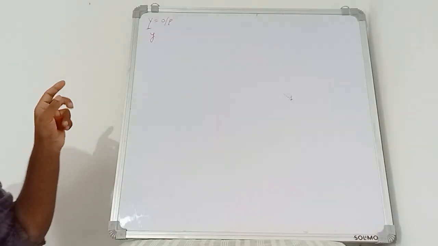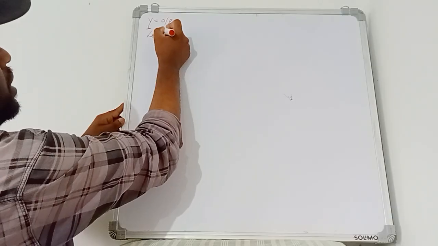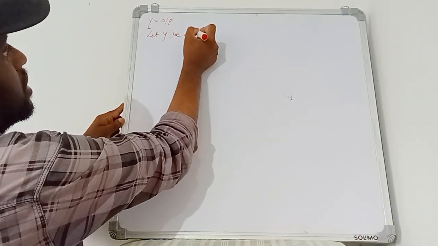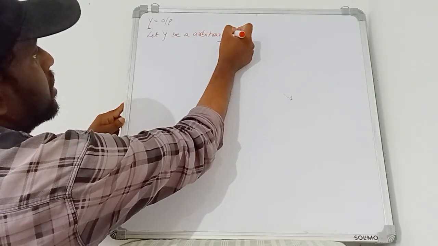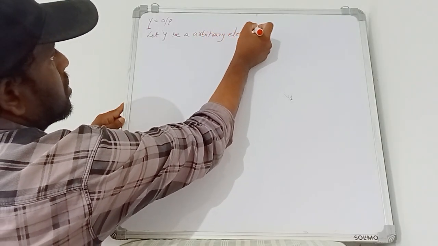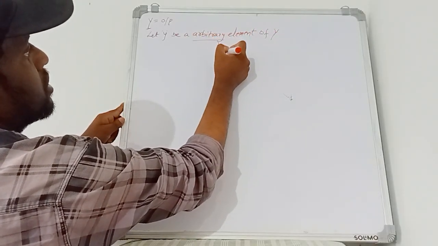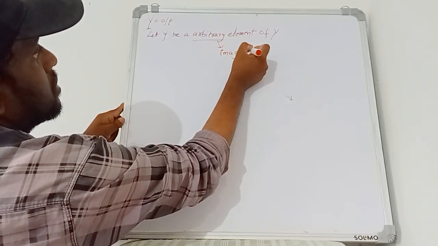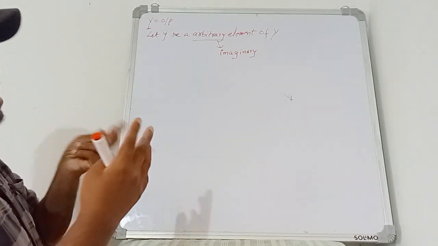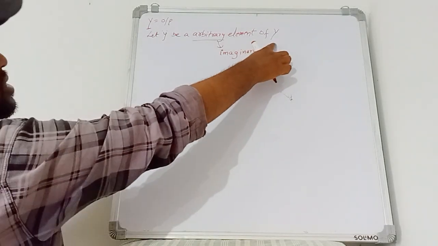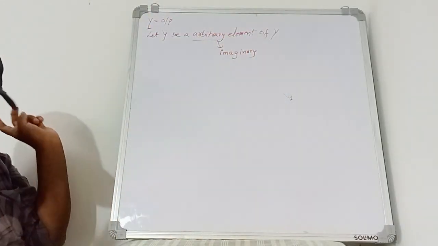Let y be an arbitrary element of Y. Arbitrary means imaginary. We are assuming that y is some element from this set Y. That's the meaning. Remember that.